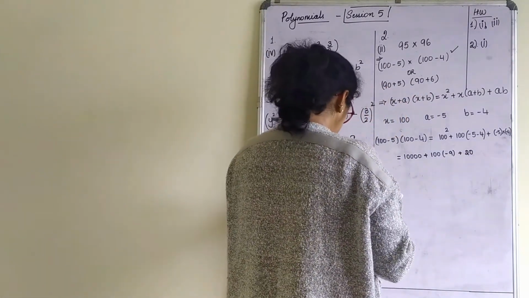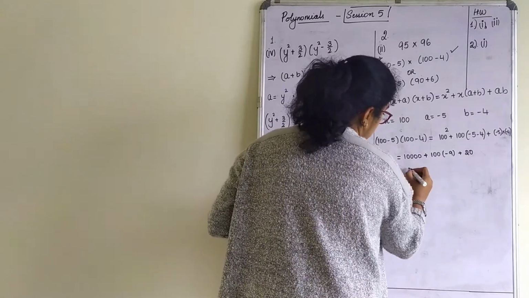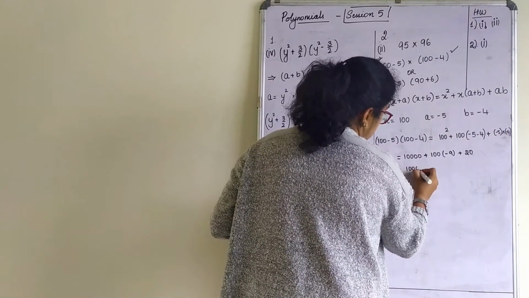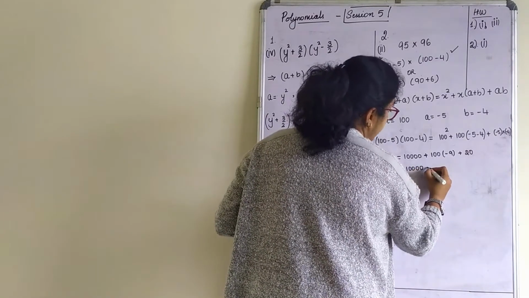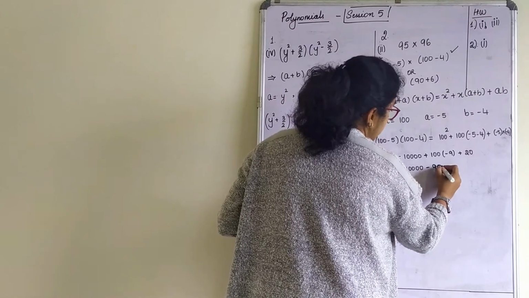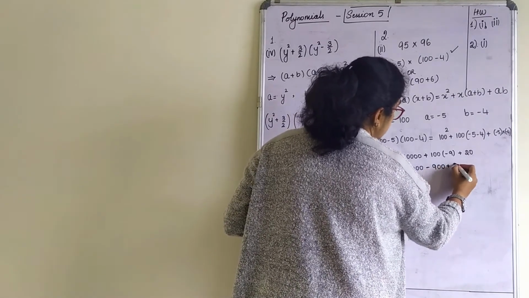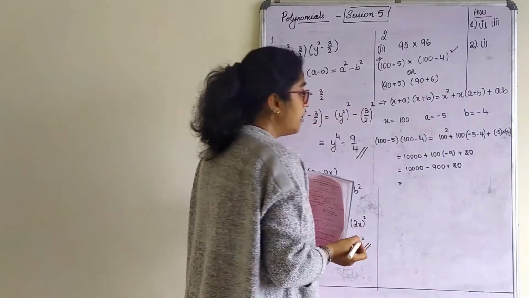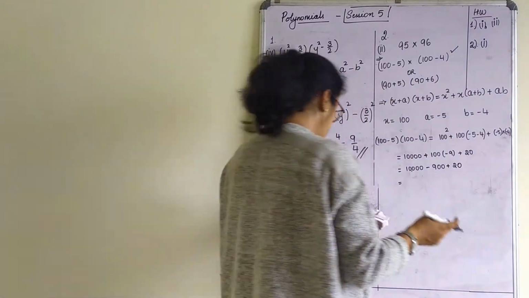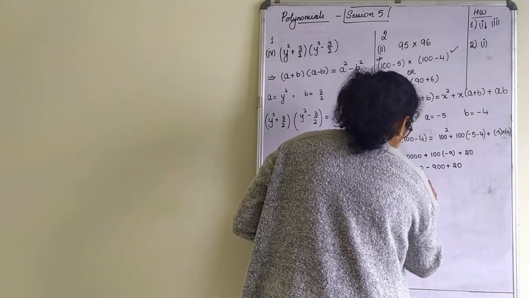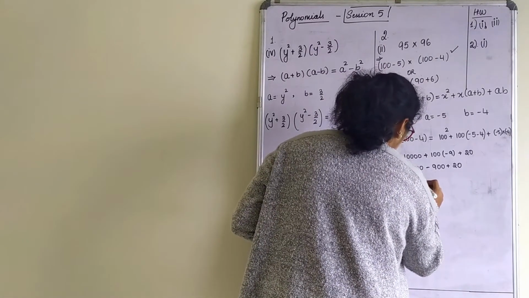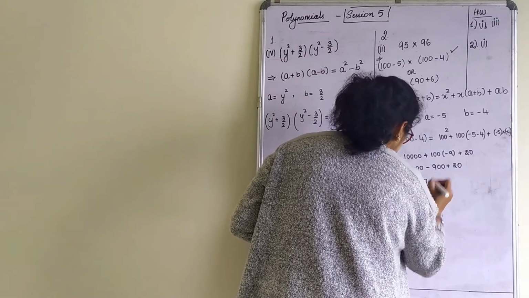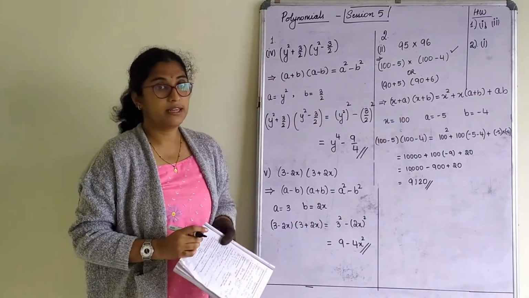So 100 into minus 9 is minus 900, plus 20. So 10,000 minus 900 plus 20, you will get 9,120 as the answer. Clear?